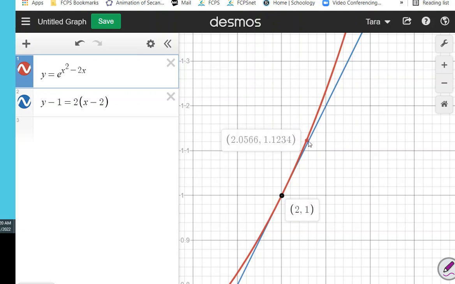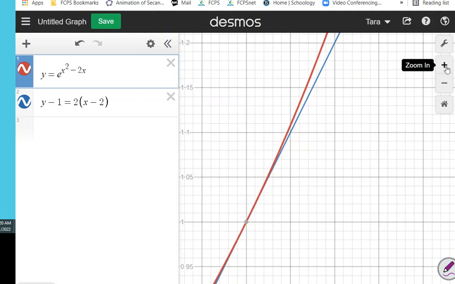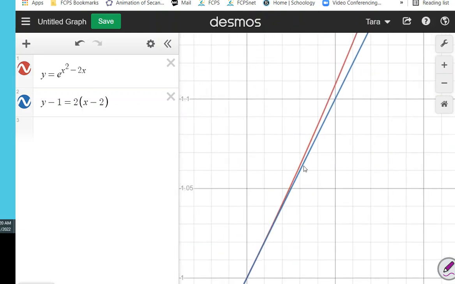It'd be even better the closer we are to 2. The closer we are to 2, the closer the two functions are to being identical. And so that was one of the things Newton talked about with his concepts of calculus, that linear functions, like this blue one, could approximate nonlinear functions in small sections.